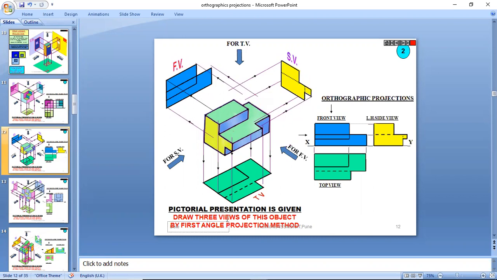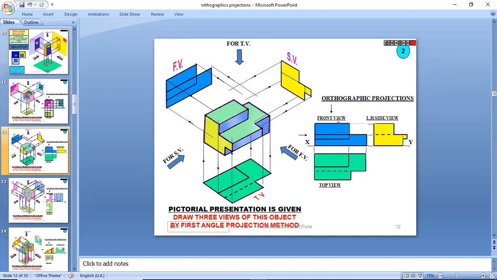Here you can see the pictorial presentation, and you have to draw the three views of this object by the first angle projection method. This is the object, this is the front view, this is the top view, and this is the side view.